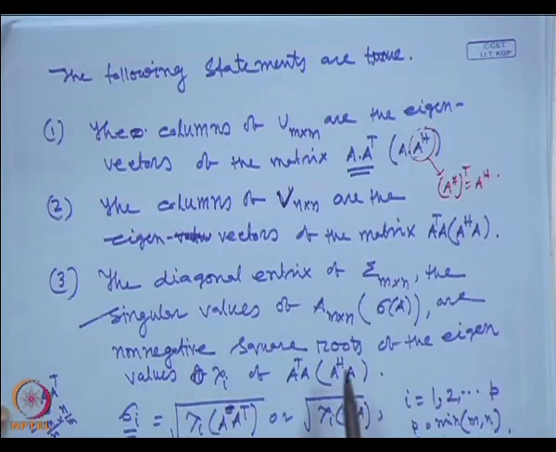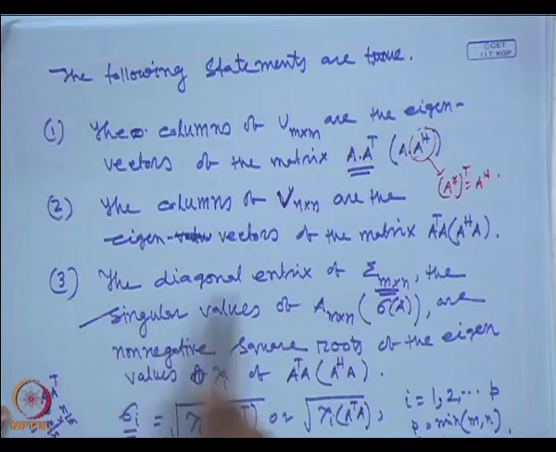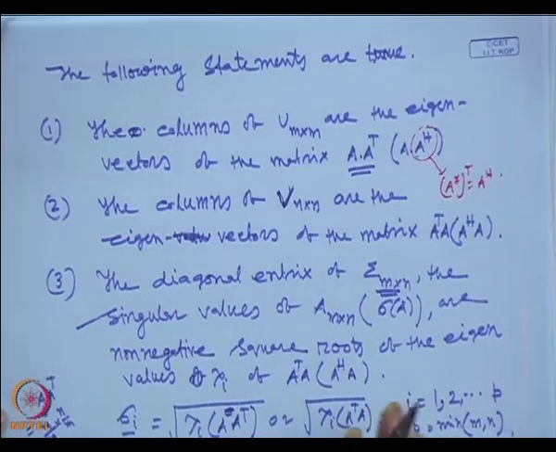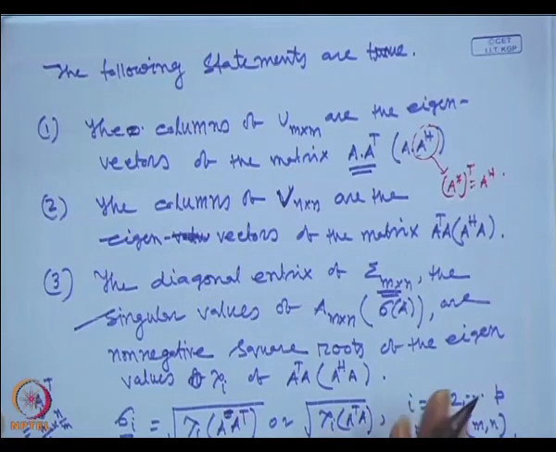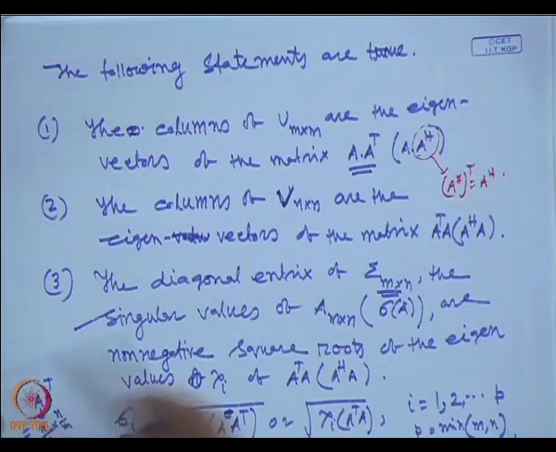And sigma, the sigma matrix, has diagonal elements, each of which is non-zero, or some may be 0, and all are non-negative, and these are the square roots of the eigenvalues of A transpose A or A H A, that we have shown, how it is coming.